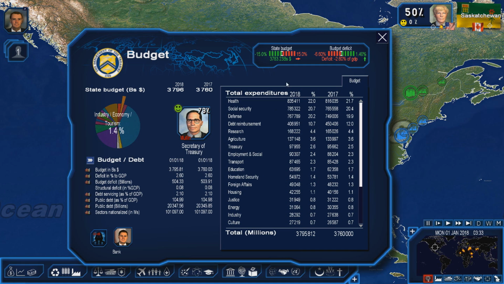GDP is the total amount of stuff that your country produces. Your public debt is how much money you have borrowed in previous years plus the interest on that debt.